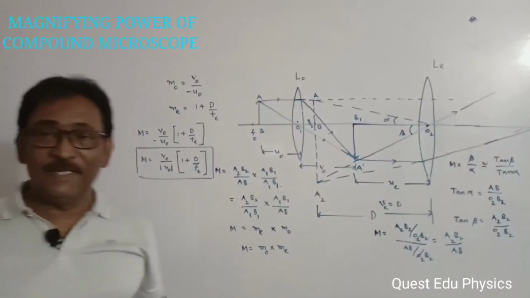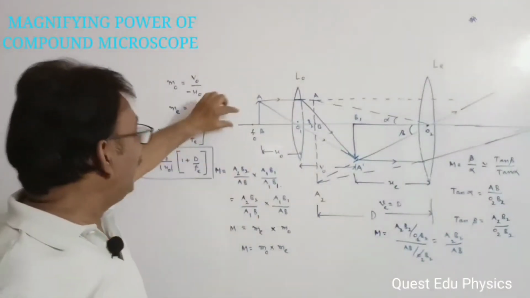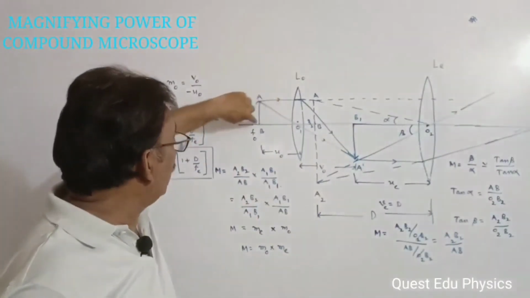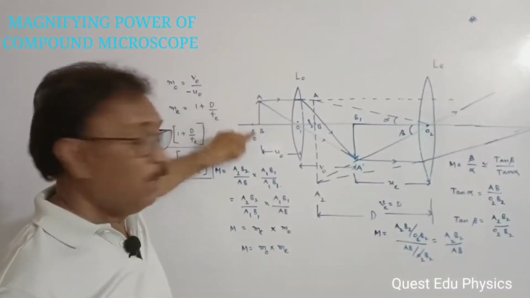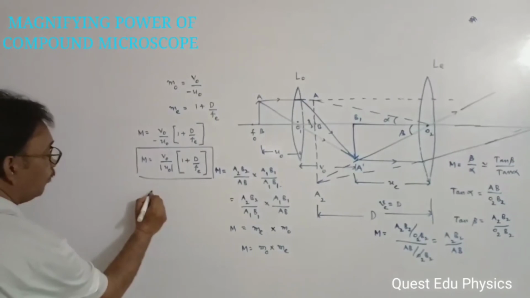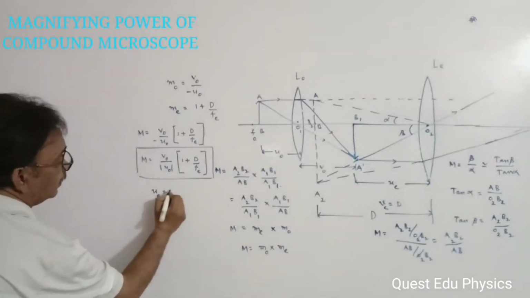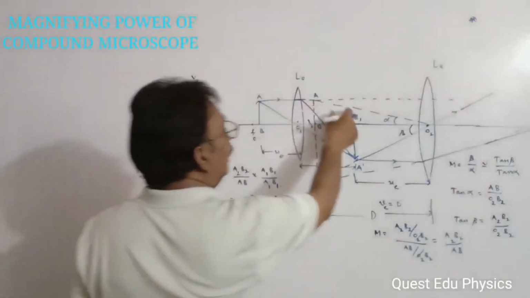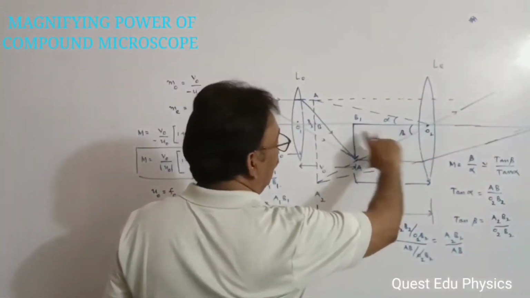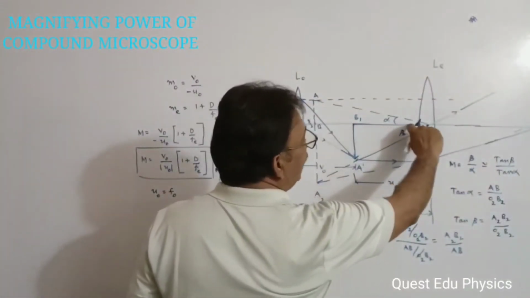Okay, students, let's go further. Imagine that this object is coinciding with FO, meaning UO can be taken as FO. And say this image which is formed here is very near to the eye.